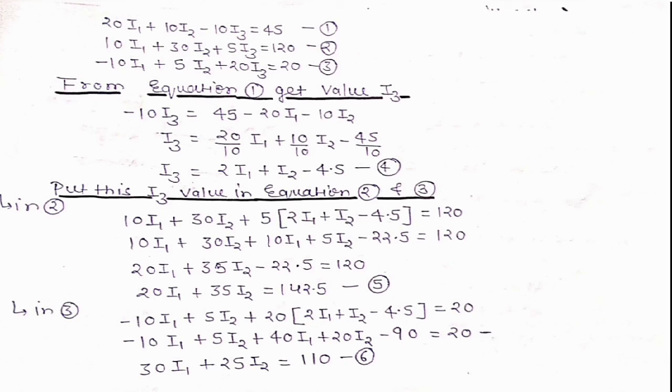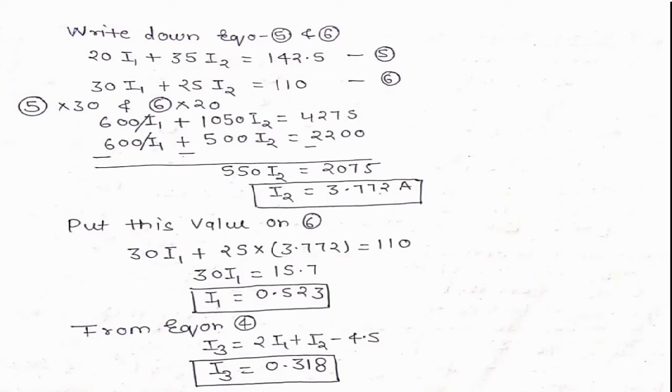From here we get this value and put this value, then we make these equations, and this is the second page, and then we get the value. So in the conventional approach you almost use two pages to get the values of I1, I2, I3.